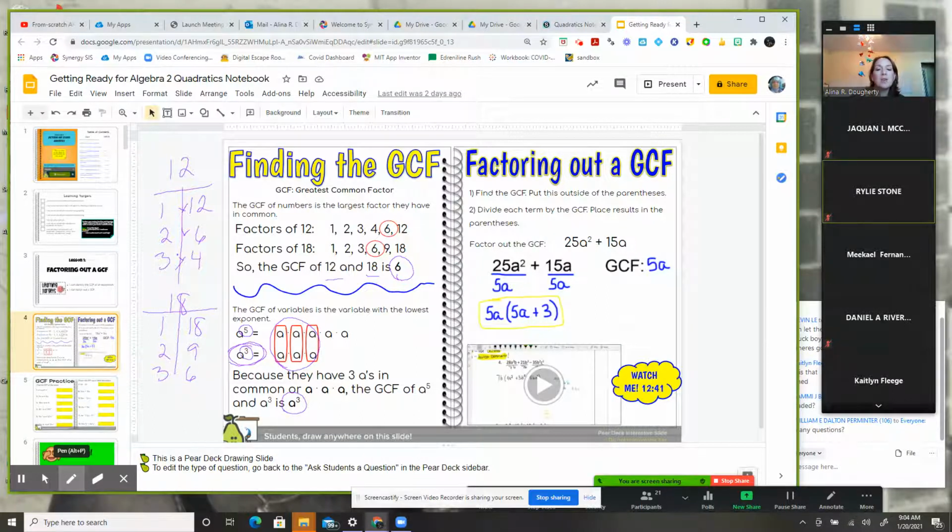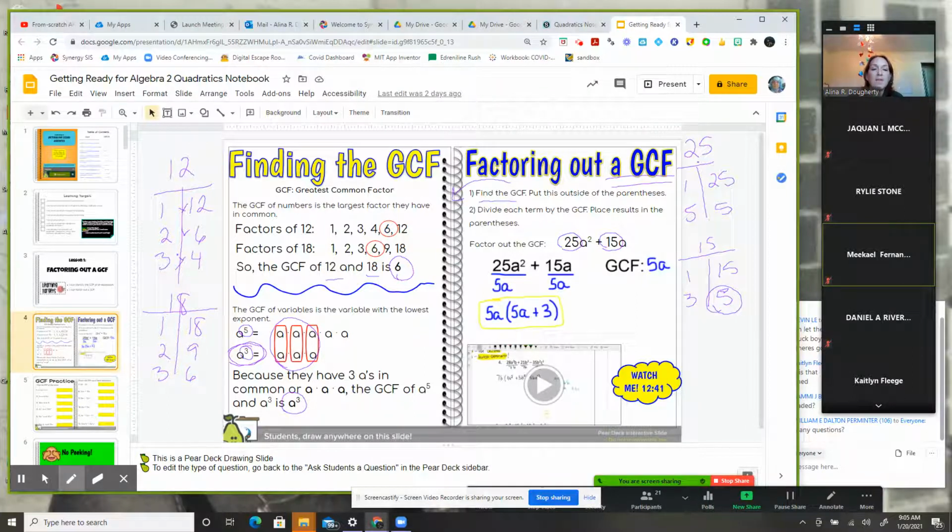So if we factor out our greatest common factor over here on the right side, on the blue side, we want to find our greatest common factor and put it outside the parentheses. So the greatest common factor kind of undistributes back out. If I've got 25 and 15, the factors of 25 are 1 and 25, and 5 and 5. The factors of 15 are 1 and 15, and 3 and 5.